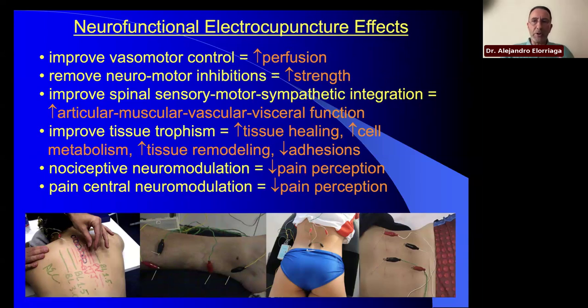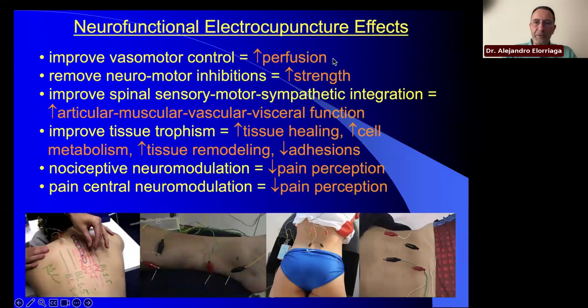So in my book, in my treatments, forever and ever, my first intention, my first goal is to improve perfusion. Why? Because perfusion is the necessary process to bring oxygen and nutrients to the cell.